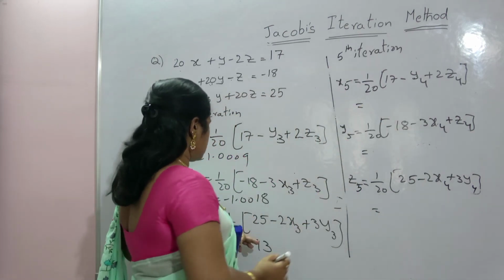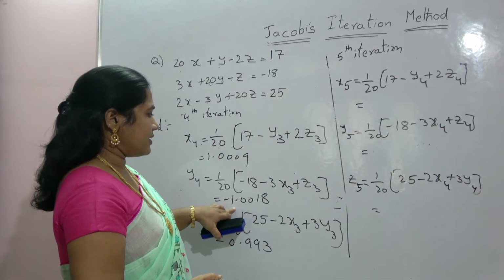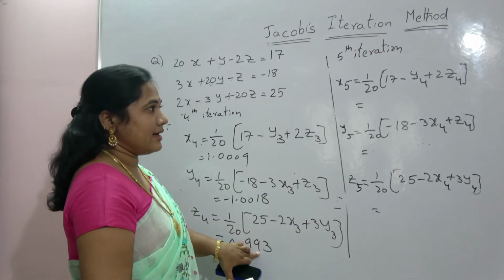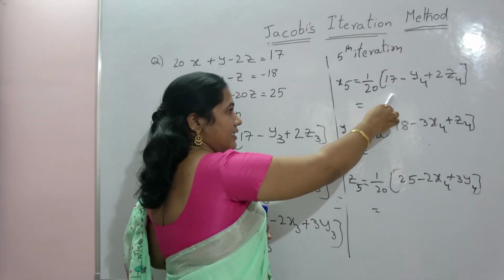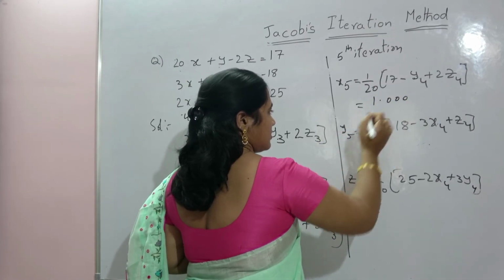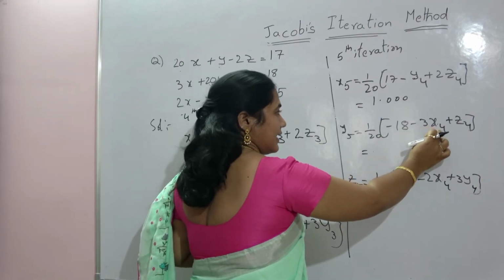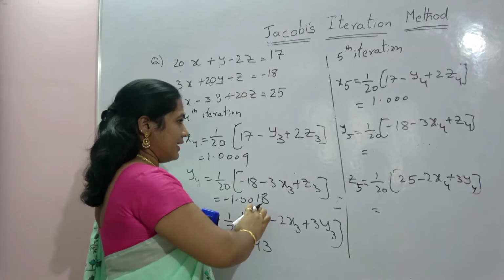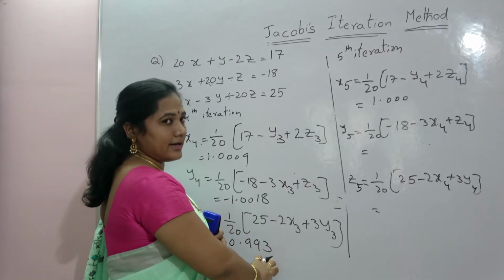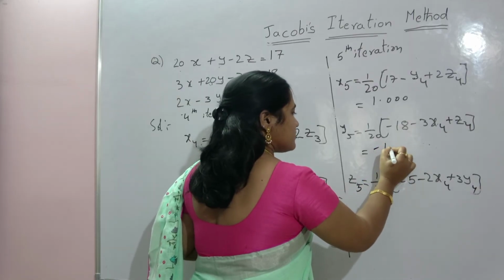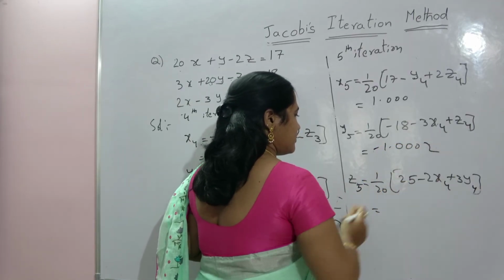So y4 value is minus 1.0018 and z4 value is 0.993. So after substituting, you will get x5 value is 1.00, and similarly x4 is 1.0009 and z4 is 0.993. So substitute those values, you will get minus 1.0002.